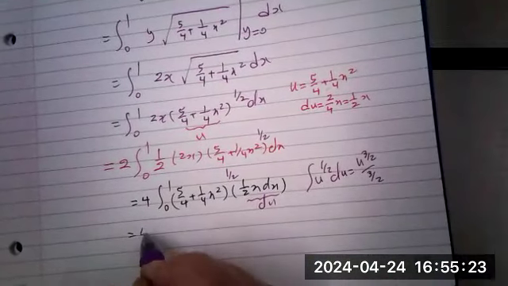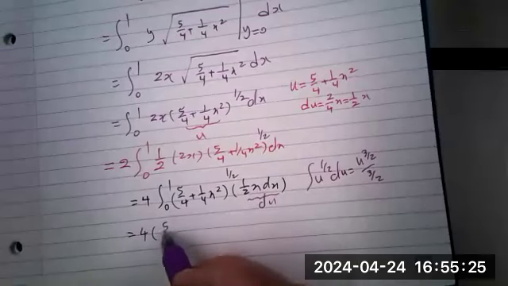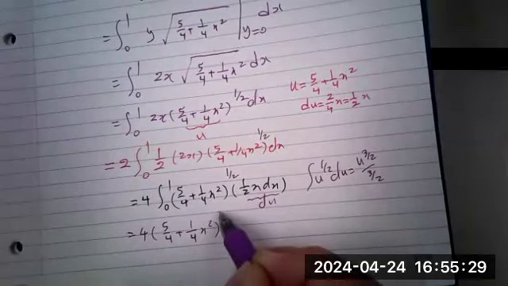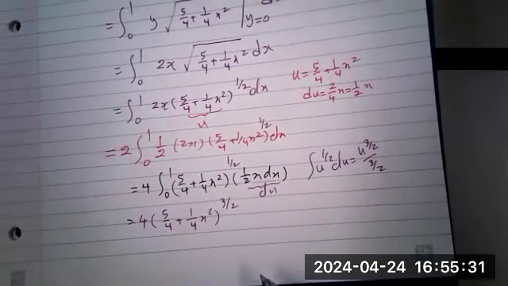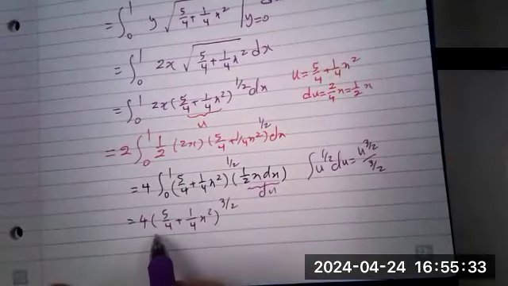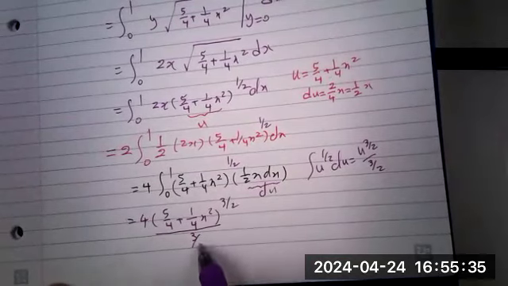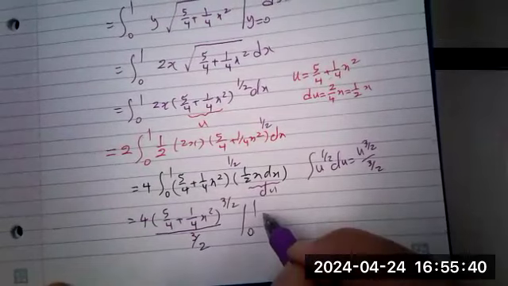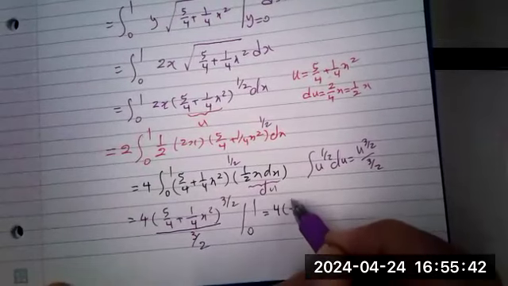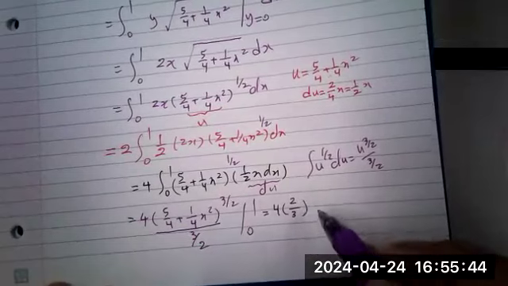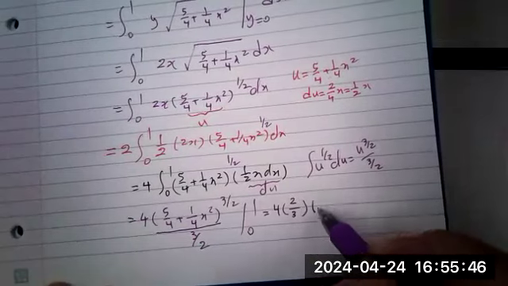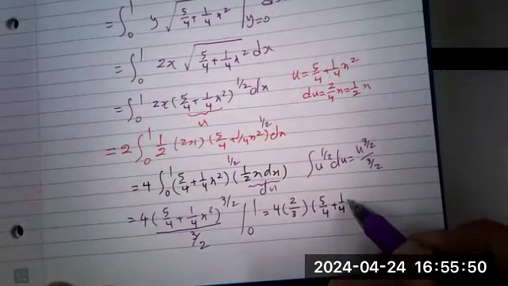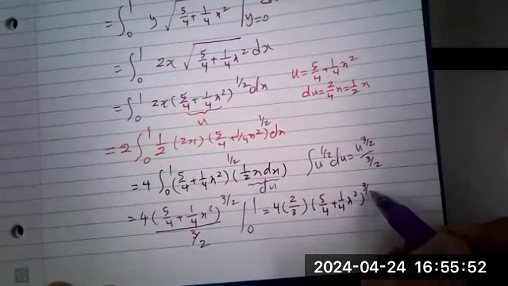So the final answer is 4 times 5/4 plus a quarter times x squared to the 3/2, divided by 3/2, going from 0 to 1. So use the reciprocal of the 3/2, which is 2/3. And this is it, 5/4 plus a quarter of x squared to the 3/2, from 0 to 1.